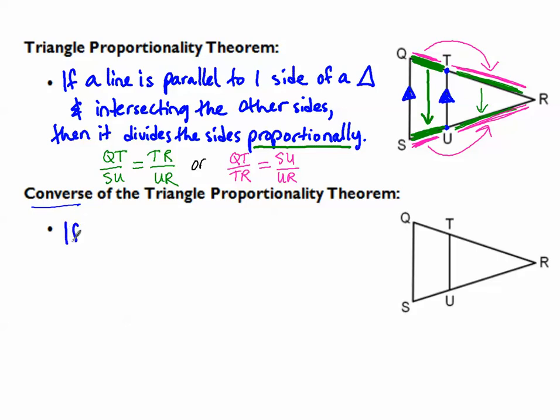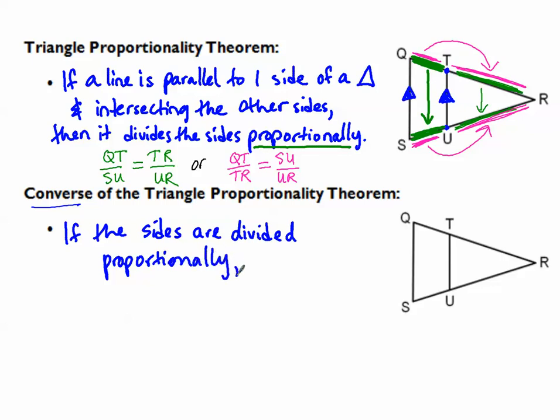If the sides are divided proportionally, so if we start by seeing that these proportions are true, this side over this side equals this side over this side, or some sort of proportionally divided sides, then the line dividing will be, well, what do we start with over here?